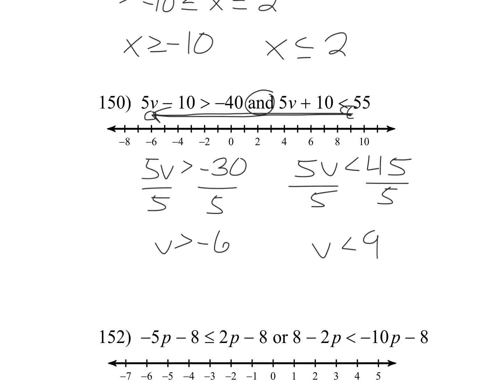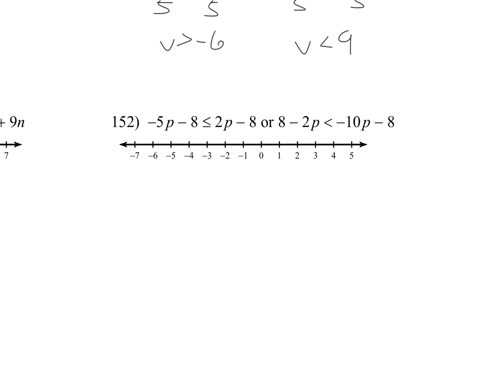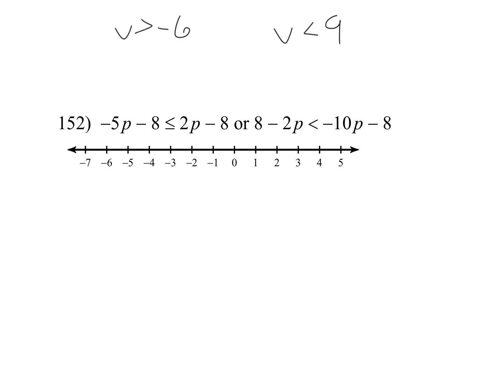On 152. Yep. Let me rewrite for a second. Okay, underline like terms. What are like terms? Yep. Which one do we want to move over? Yep, doesn't matter which one you do. Let's add 5p to both sides.